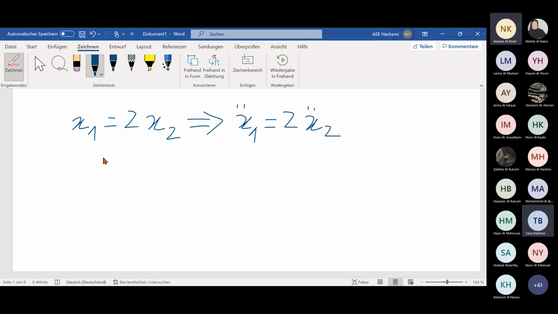The relationship for the distance holds for the acceleration, and it will be also the same for the velocity: x1 dot will be equal to 2 times x dot 2. We call this equation 3.